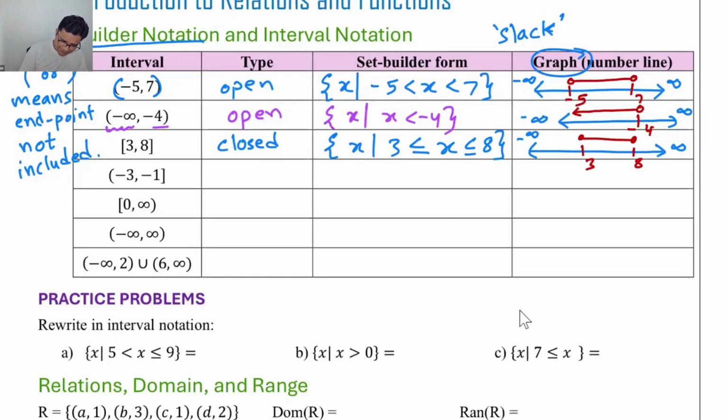In the same way, the next interval now, you have a parenthesis on the left, square on the right. So there are two ways. In some textbooks you will find it written as neither open nor closed because it's half open, half closed.